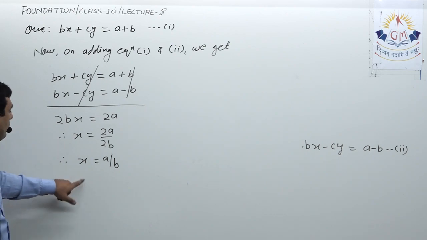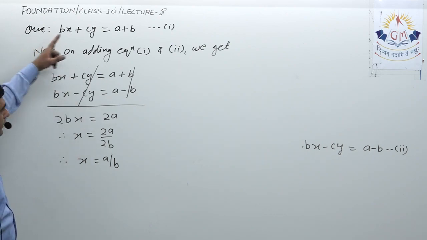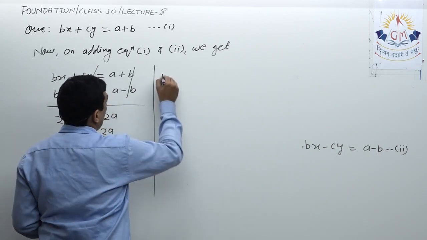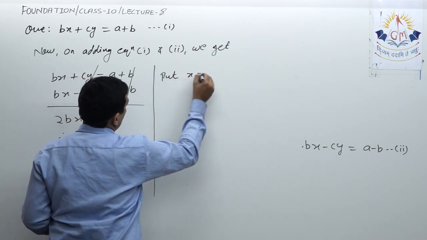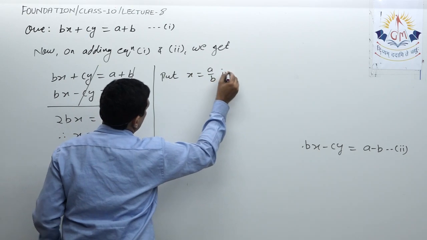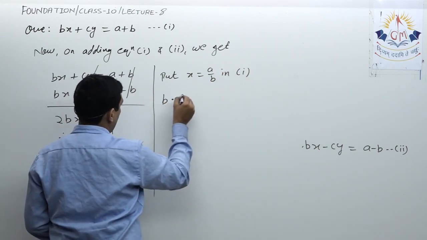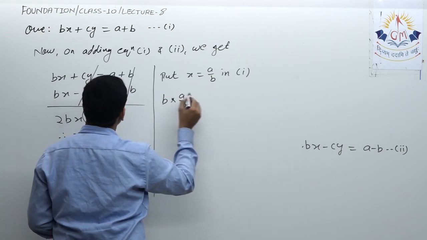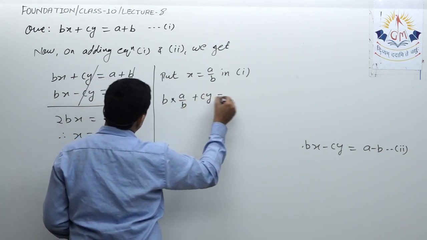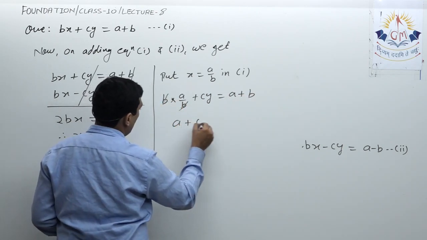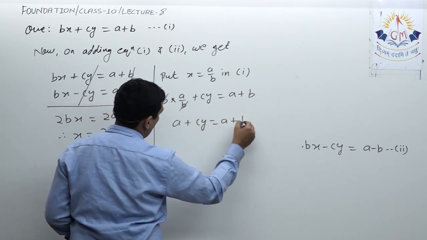Now I put the value of x in either the first or the second. So put x is equal to a upon b in the first. So we have b and x is a upon b plus cy is equal to a plus b. b and b cancel. a plus cy is equal to a plus b.